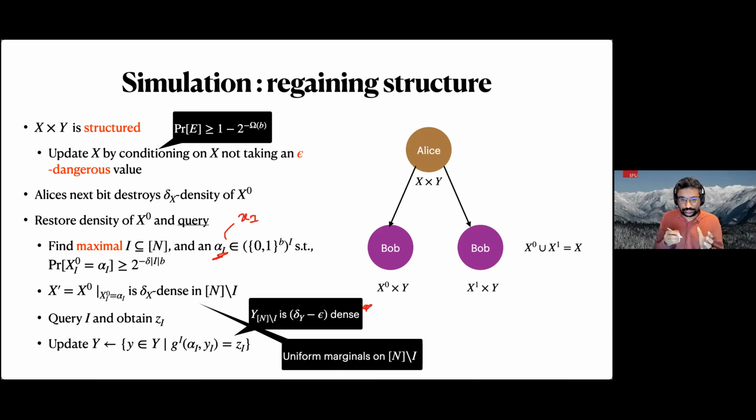So because of these two things, we know that y is dense on n minus I. Density would decrease by a bit, but it's still considerably dense.